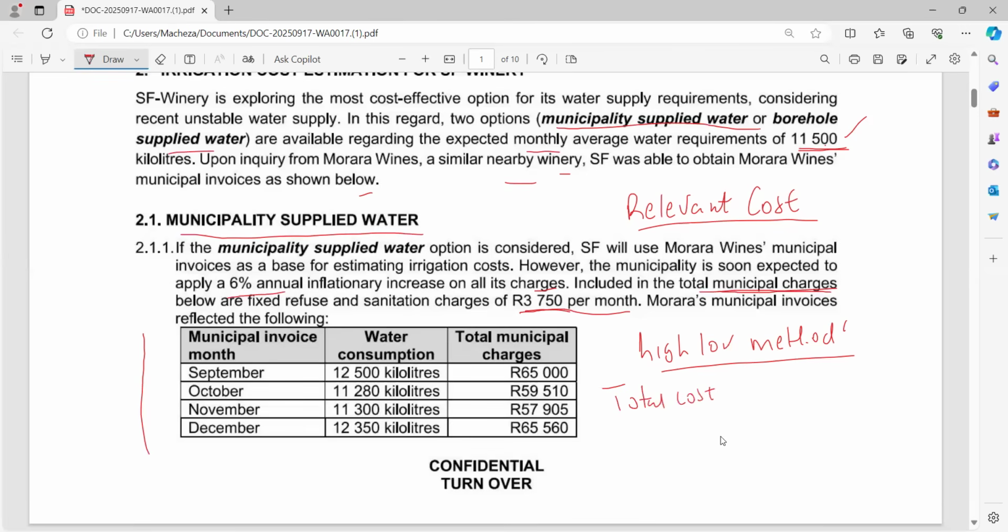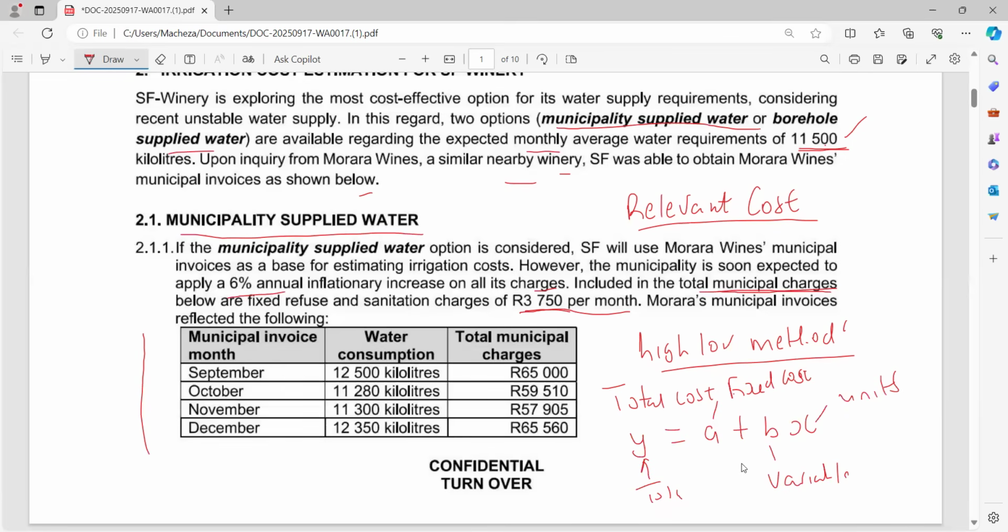Remember, we have this equation. When we do our high-low method, we say y is equal to a plus bx. Y is your total cost, a is your total fixed cost, b is your variable cost, and x is the units, the quantity or units.